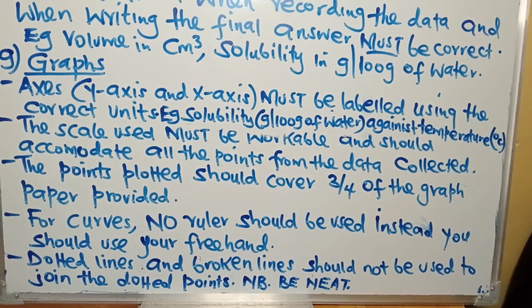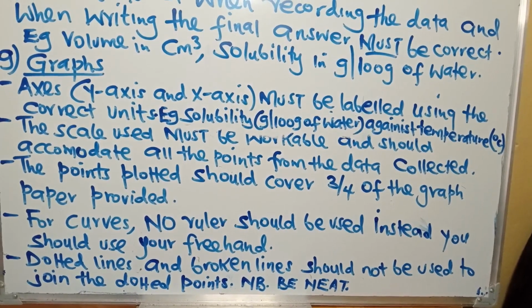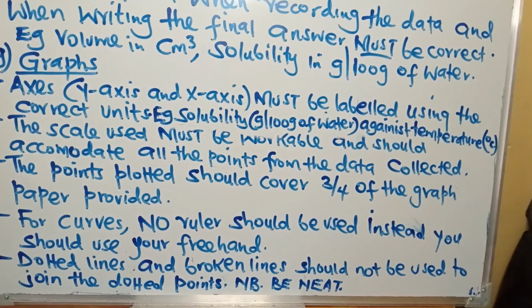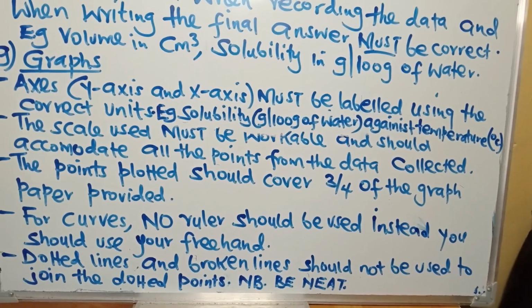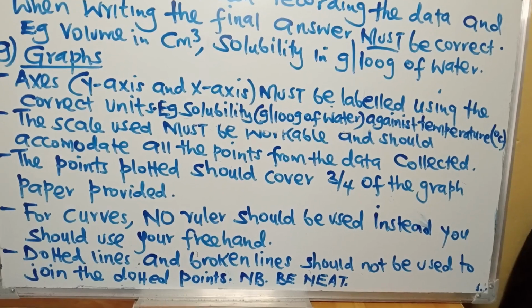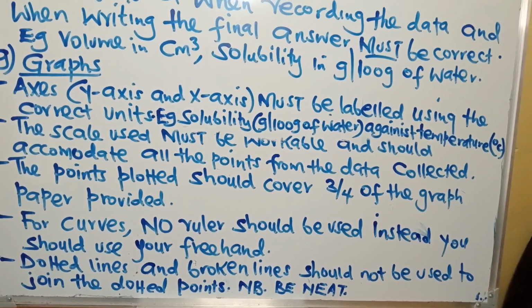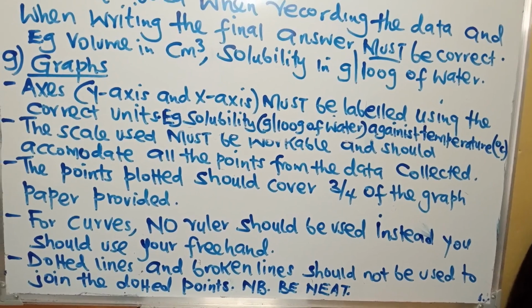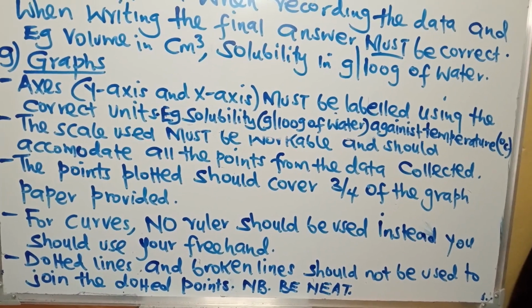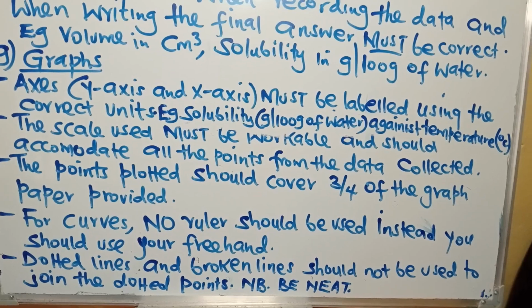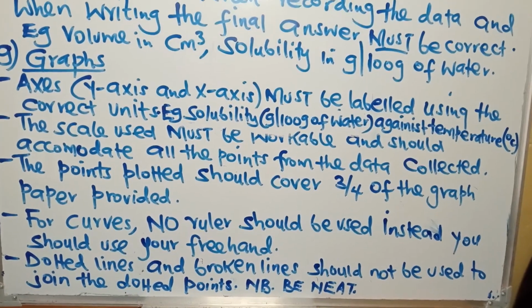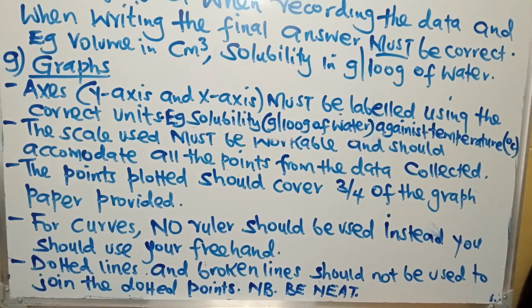You should not be having a difficult time looking for a certain point where it should be. Each and every point should be seen clearly where it is on the graph paper.